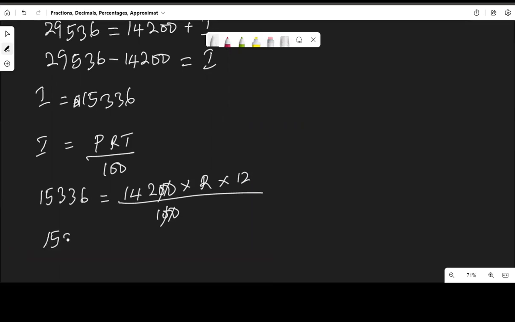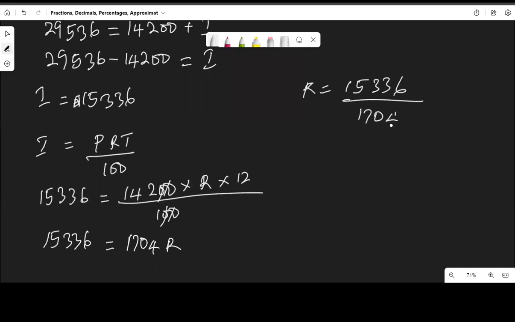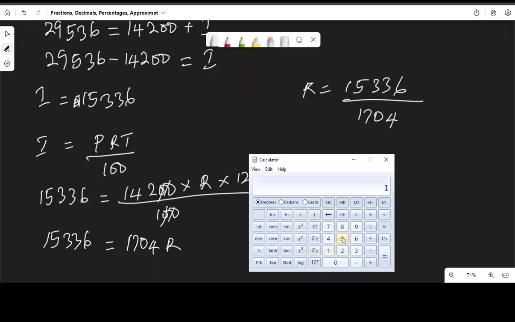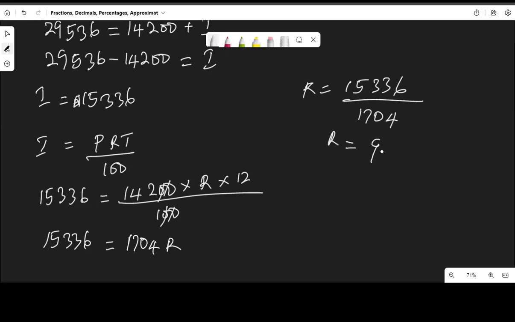So 15,336 is equal to 1704 R. Dividing both sides by 1704, R will be 15,336 divided by 1704, which is 9%. So R is 9%.